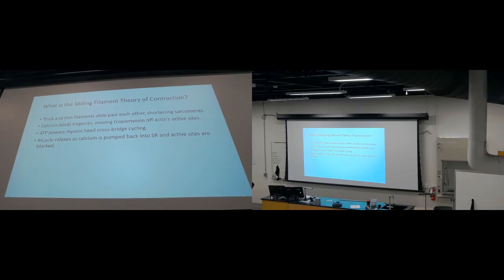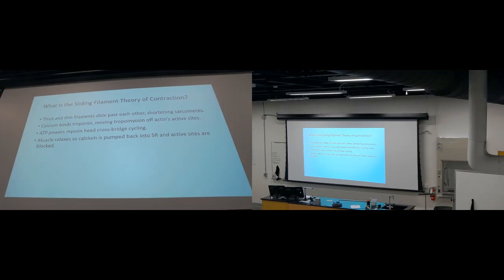Calcium can come in through channels that we have in the plasma membrane, and once your cell depolarizes at the T tubule, you have on the sides the cisterna of the sarcoplasmic reticulum that has voltage gated calcium channels.